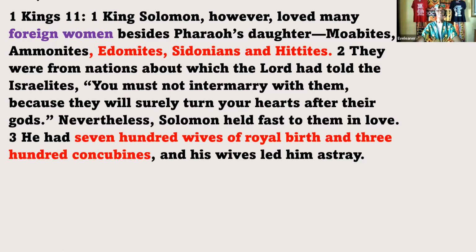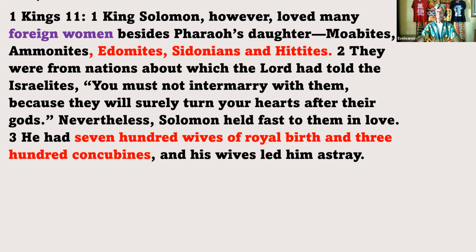But in red, we see the Edomites, the Sidonians, and the Hittites. These are people of Hamitic descent, and they are African. And oftentimes when I say Africans, sometimes they are biracial. In verse 2, it says they were from nations about which the Lord had told the Israelites, you must not intermarry with them, because they will surely turn your hearts after their gods.